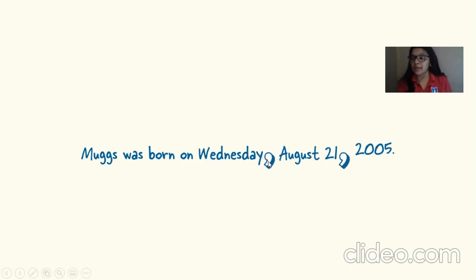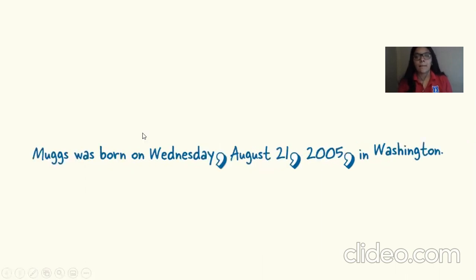We're going to separate the days, month, and years. You're going to put a comma. Here: Max was born on Wednesday, August 21st, comma, 2005, comma, in Washington. In this video, we are going to learn that.